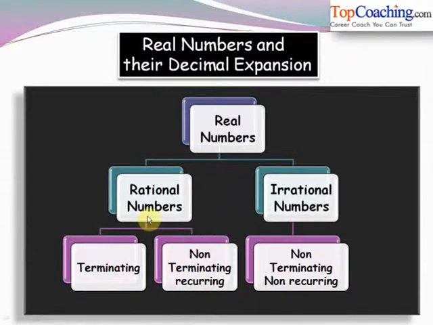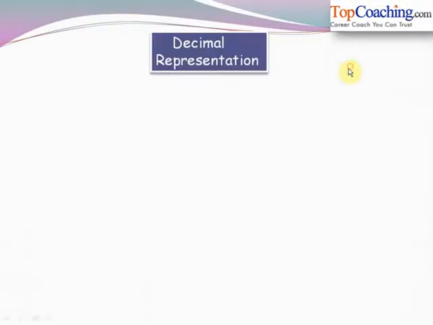So rational numbers could be terminating, that is they end after a fixed number of digits, or they can be non-terminating but recurring. While on the other hand, irrational numbers are non-terminating and non-recurring. So they do not terminate and also they do not follow a fixed pattern, or they are not periodic. So irrational numbers are non-terminating, non-recurring numbers. So this is the flowchart of numbers.